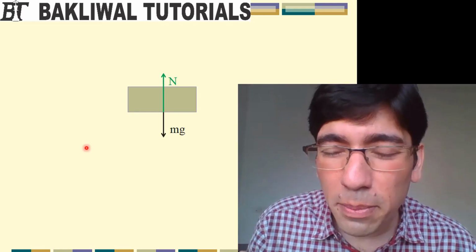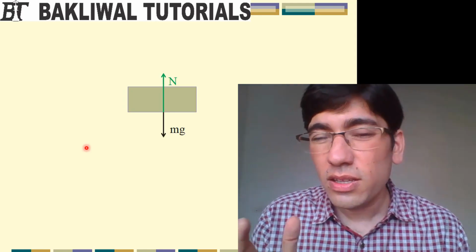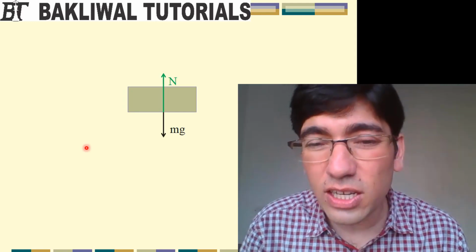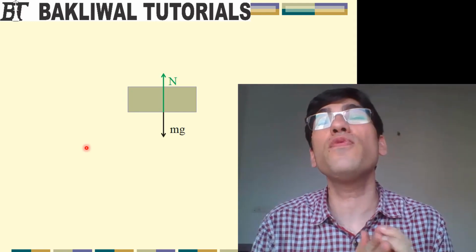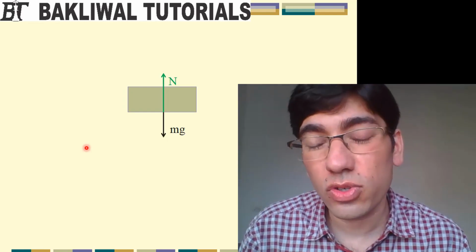So in this realm, only two kinds of forces become important. The first is the gravitational force. mg is a gravitational force. And the second type of force is the electromagnetic force.